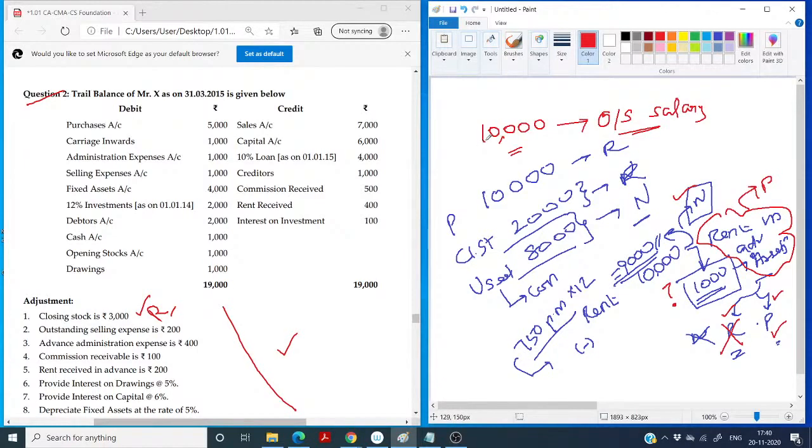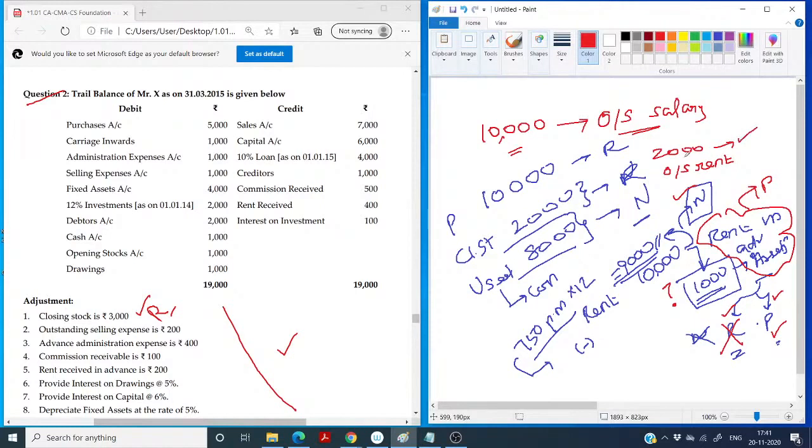Now, I tell you, 2,000 rupees I have not paid. This is outstanding rent. Being the accountant, I tell you, I have not paid 2,000 rupees, go and pay this amount.